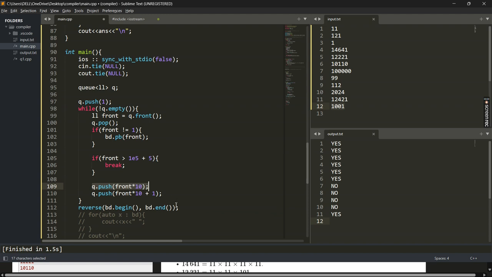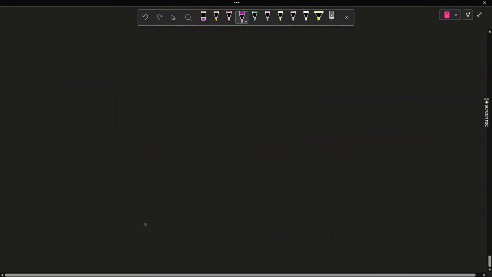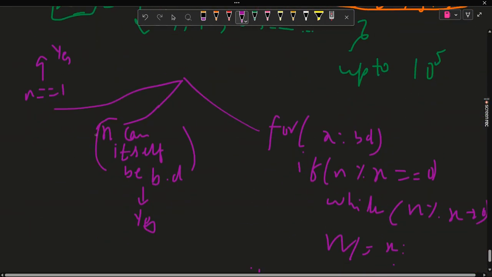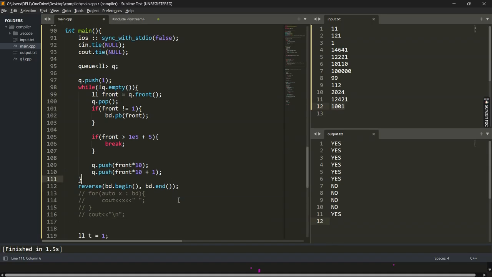So there is a trick, or you can say a good point, in this implementation. I also have to check whether this n is itself a binary decimal or not. For that, I need to iterate from the highest binary decimal to the lowest.